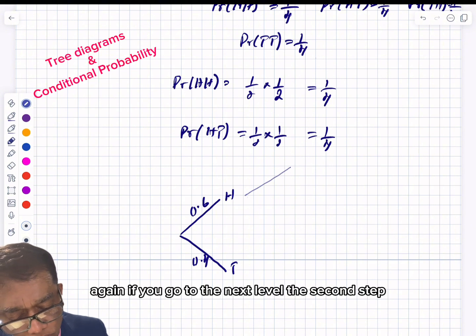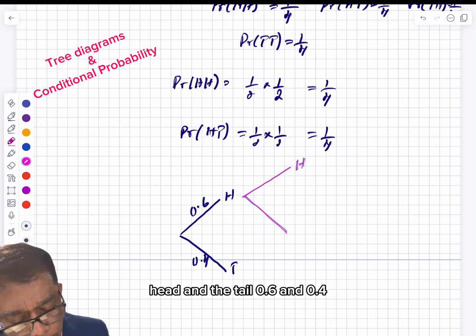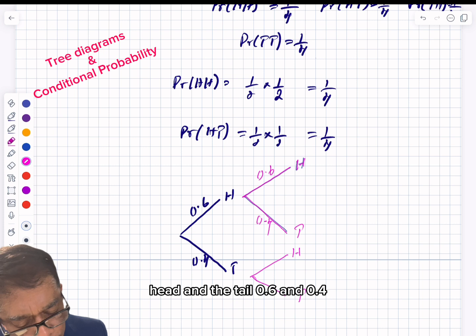If you go to the next level, the second step, again head and tail, 0.6 and 0.4, head and tail, 0.6 and 0.4.